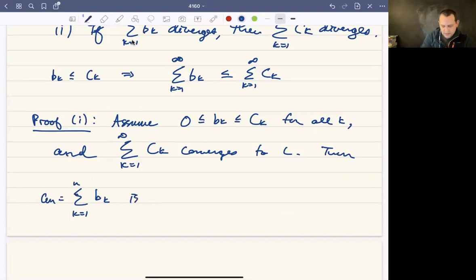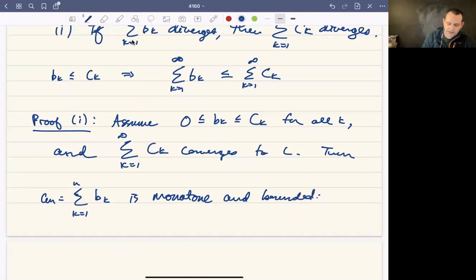This is monotone and bounded. It's monotone because the b sub k's are greater than or equal to 0. So each of the values a sub n is greater than or equal to the previous value because we keep adding non-negative values. So this is monotone and bounded.